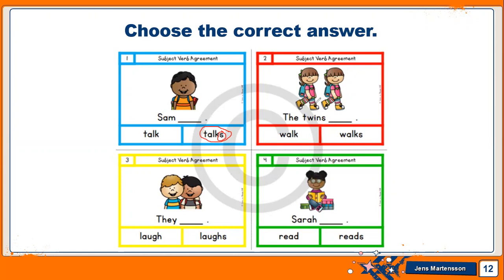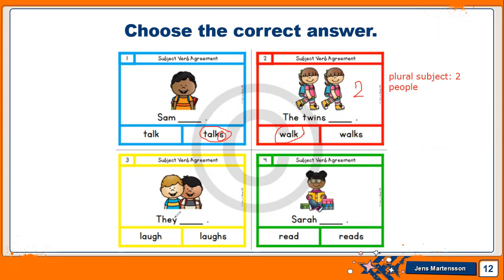The twins, as you can see, we have two twins. This is a plural subject, because we have two people. So what do I choose? Walk or walks? For sure, walk. Because with plural subjects, I choose the verbs that do not end with an S.